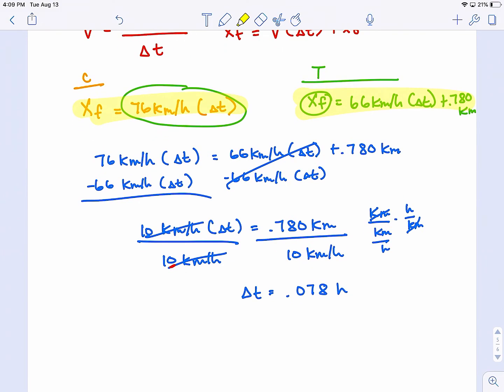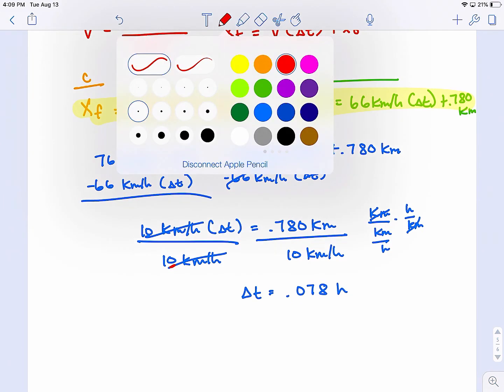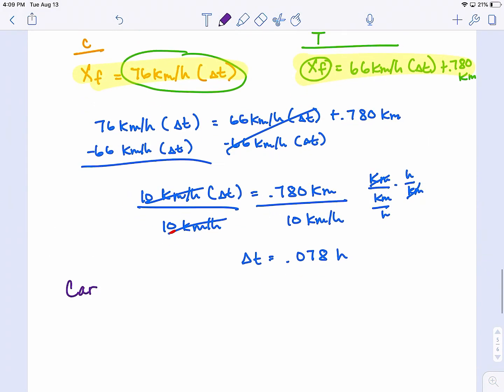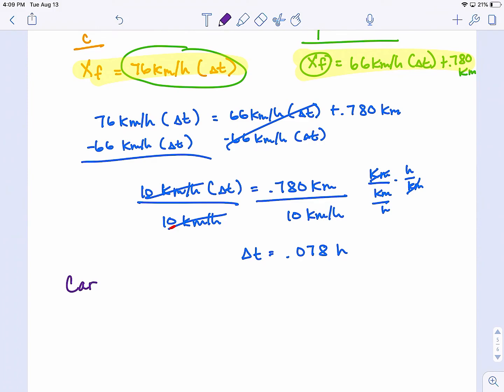So let's do this. For the car, we have y, which in this case is our position. If you think about a position versus time graph, remember the position is on the y-axis and the time is on the x-axis.